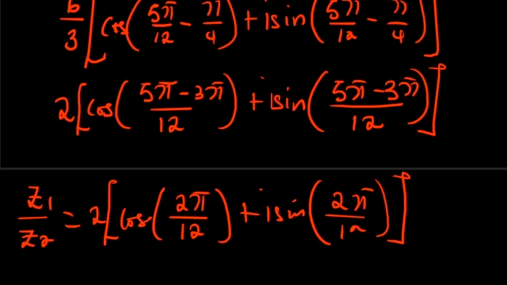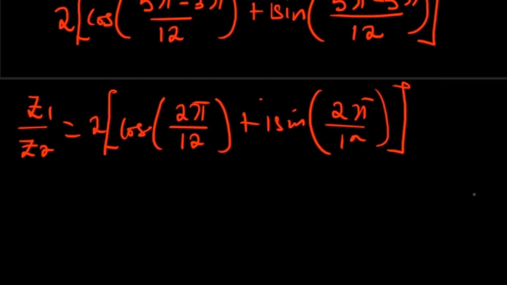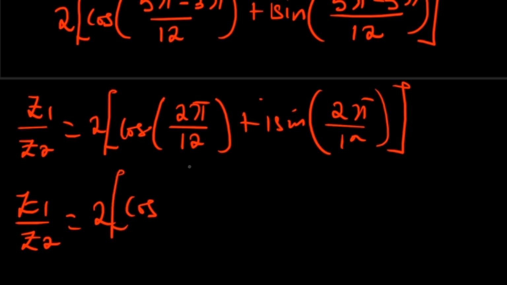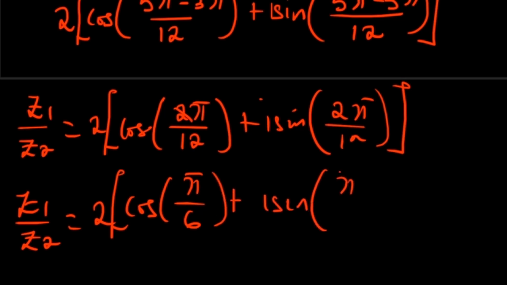Now what do we do at this point? We can go ahead and simplify the fraction. So we say Z1 over Z2 is equal to 2, then open bracket cosine. Okay, so now 2 can go into itself. We have 1, so 12 divided by 2 gives us a 6. So we're left with pi over 6, then plus I sine, open bracket, pi over 6.